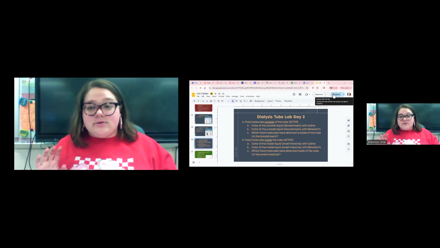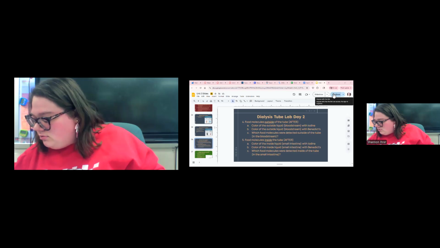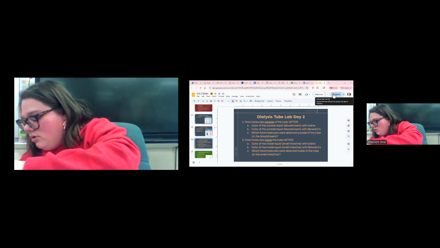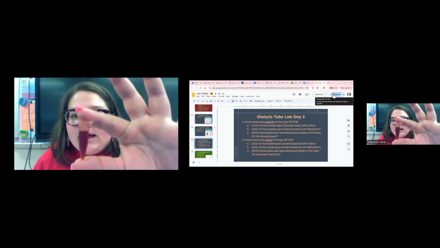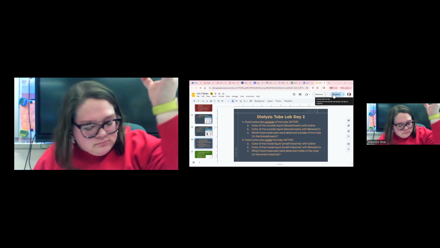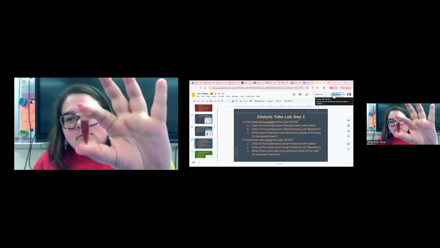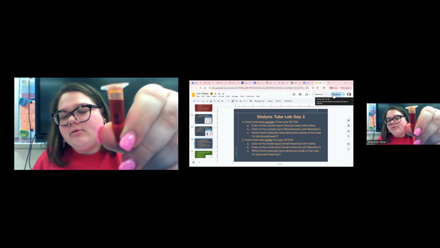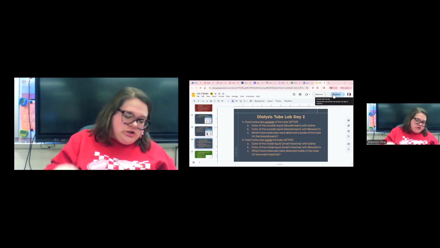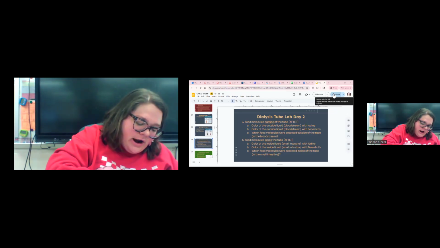We look at the outside. Our iodine is still that reddish brown color, so it has not changed. So color of outside liquid with iodine, we're going to write brown.